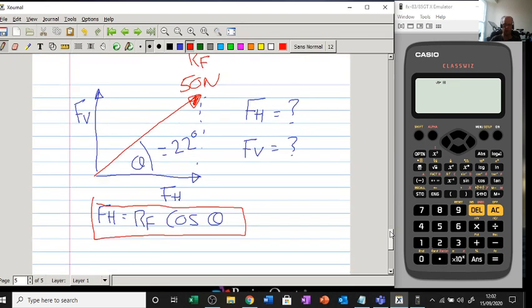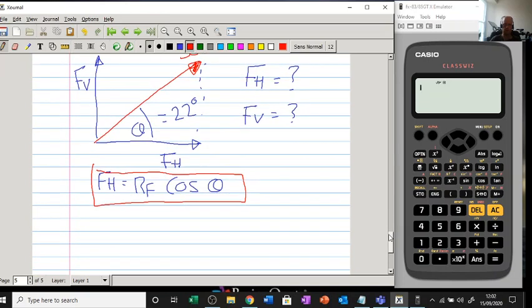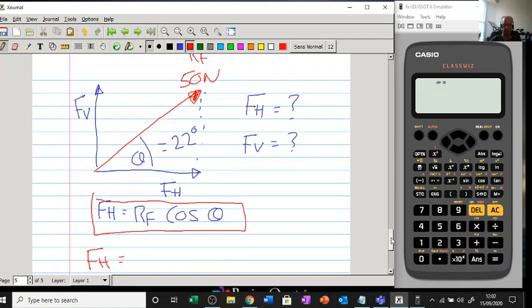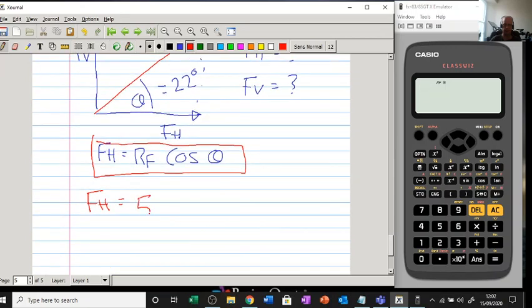So to find the horizontal, all we've got to do is do 50 cos 22. So the horizontal force is going to be RF, which we know is 50, times cos of the angle, which is 22.